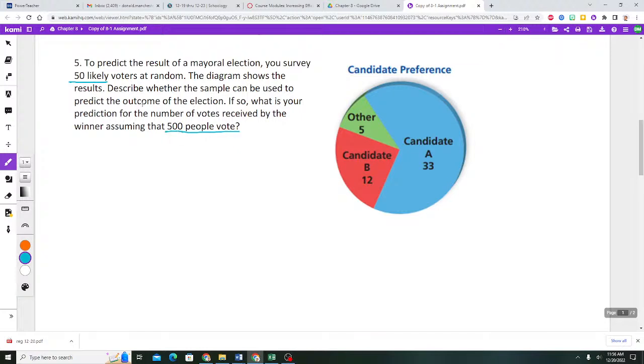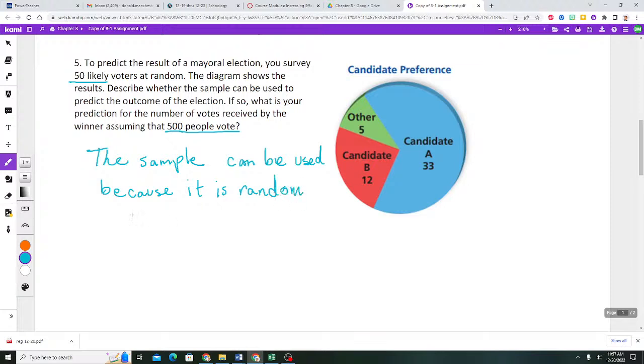Well, it says describe whether the sample can be used. The sample can be used, and that's because it is randomly chosen.